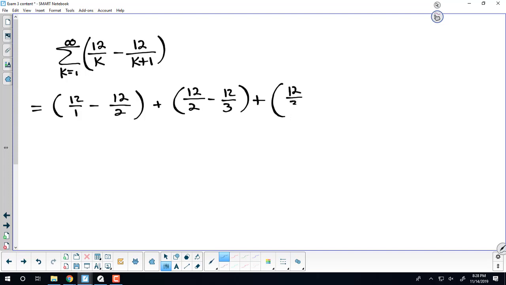I would guess at least 3. Really, you just need to write out as many terms until you start seeing the pattern of cancellation. And so we would have this term canceling with this term. And that's kind of all you need.